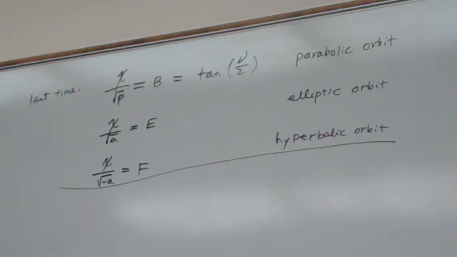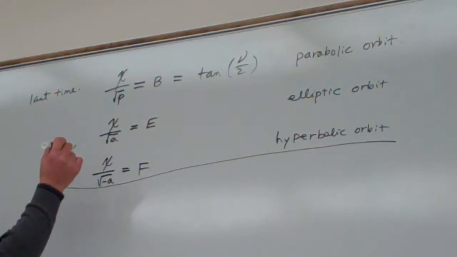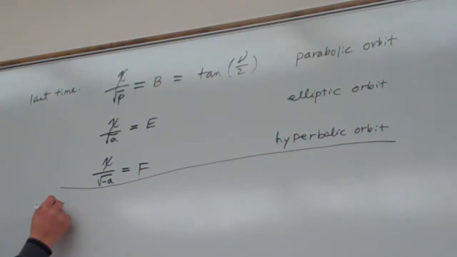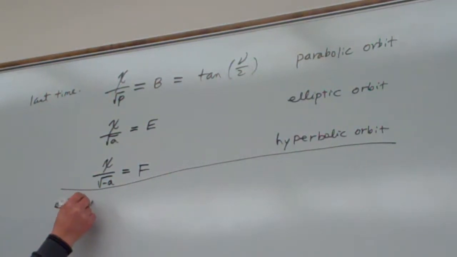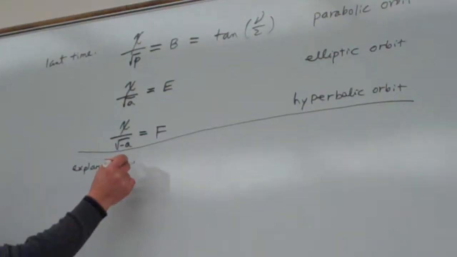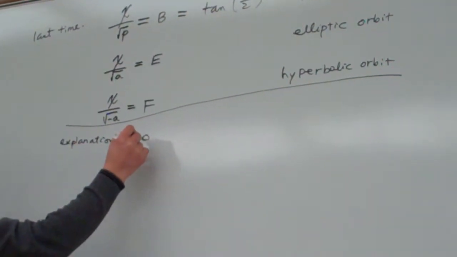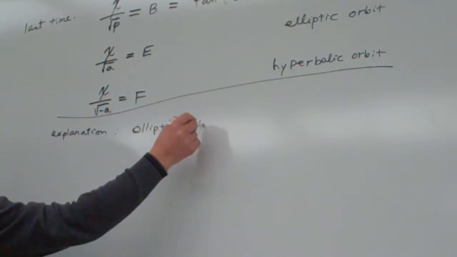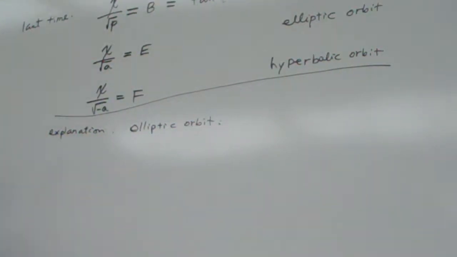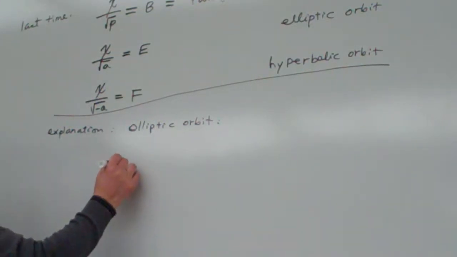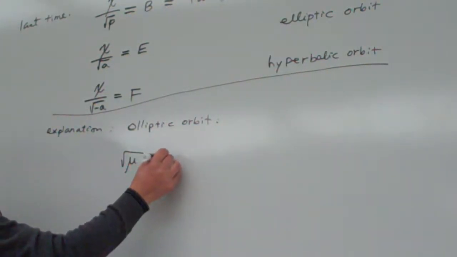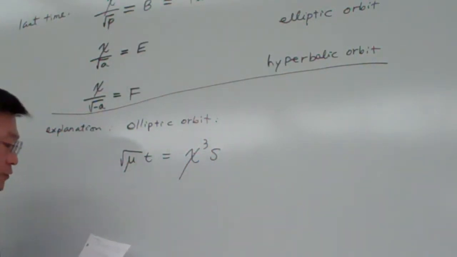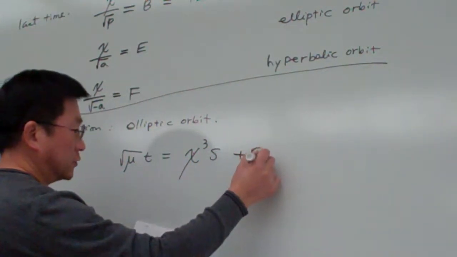And so here I'm going to give you the explanations for elliptic orbit. So for elliptic orbit, we're starting from our equations for time relating to the universal variable equations.